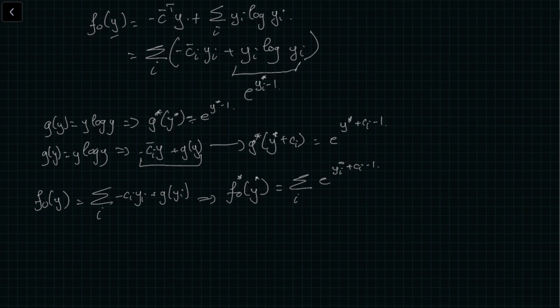Now, I did something here without saying why. I used the fact that the sum of functions will give you the sum of conjugate functions without saying why. It happens to be true in this case only because each term in the sum, which is minus ci yi plus g(yi), right? Each one in this term is independent from the other.